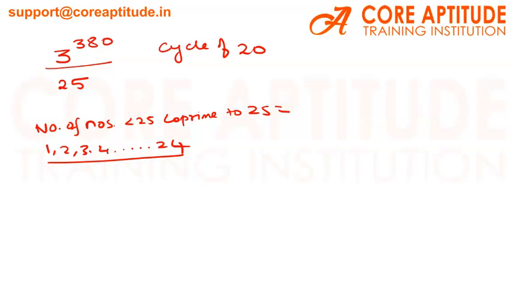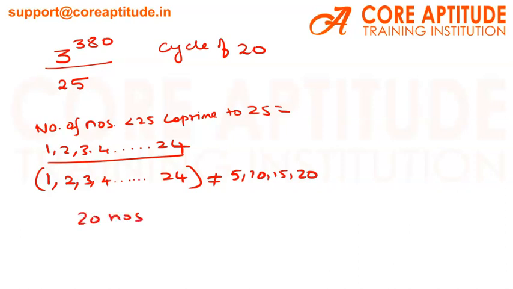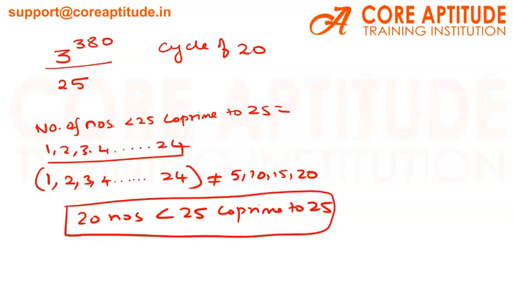So 1 and 25 are co-prime because the HCF is 1. 2 and 25 are co-prime. 3 and 25 are co-prime. 4, and I will have all the numbers except 5, 10, 15, 20. It means I'll get 20 numbers less than 25 co-prime to 25.